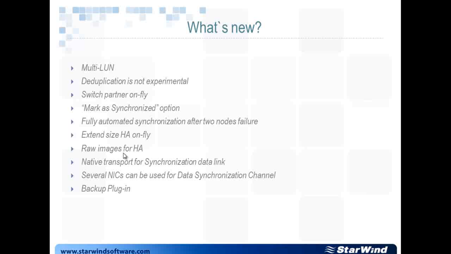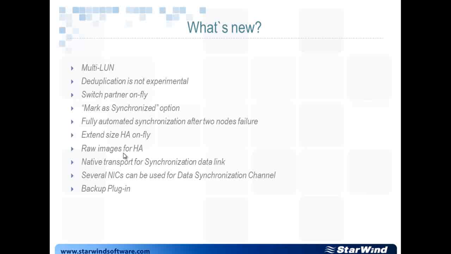If the device cache mode is write back and at least one node has not been turned off normally, for example, both nodes were down at the same time after a power loss, the HA device cannot run the synchronization procedure automatically, and that is logical. Actually, we could do the automatic synchronization, but it would be really hard to identify which node had the correct data. So we just want to avoid data corruption in this case.